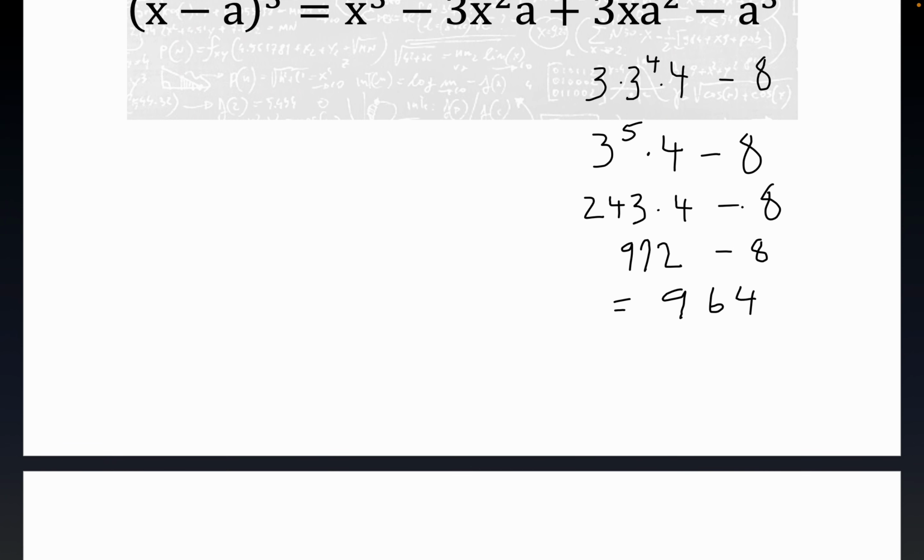But x is 3 to the 4th, so 3 to the 4th minus 2. But 3 to the 4th is 81. 81 minus 2 is 79. So that gets the job done, folks.